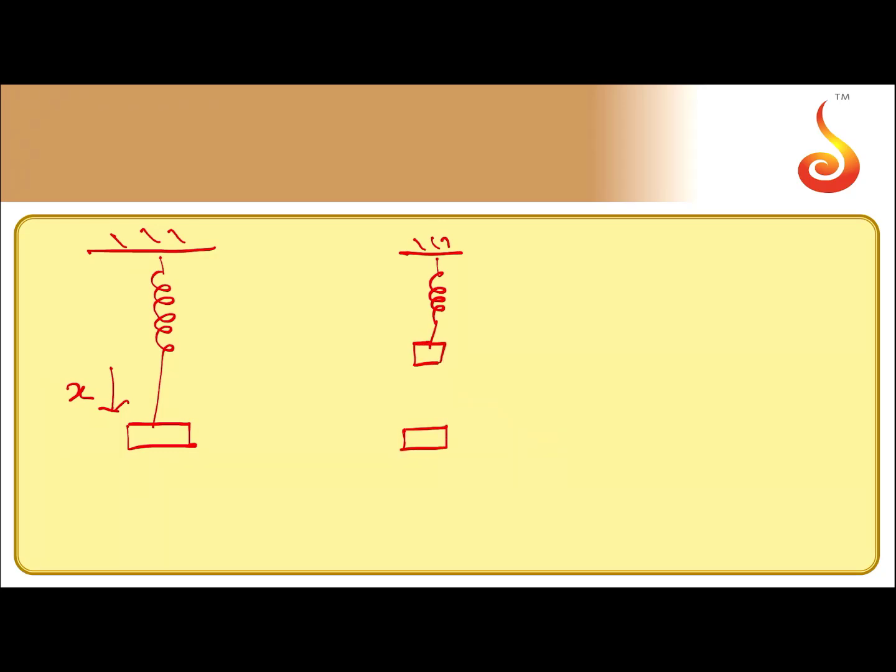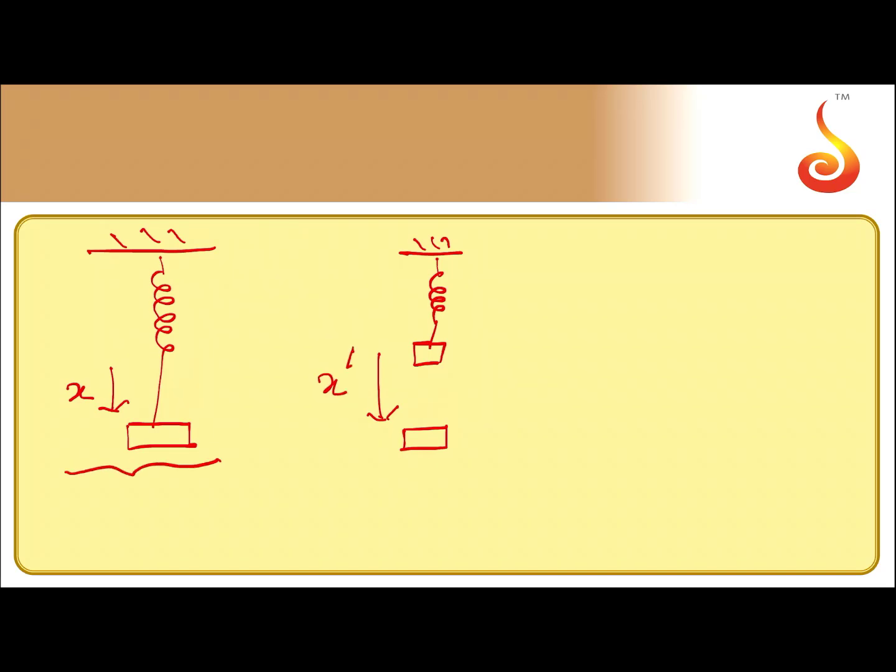So in the first case, what are you doing? You are slowly releasing this spring such that it comes to the equilibrium position and the elongation is x. While in the second case, you have released it and it comes to this position. So the question is, what is this x dash?